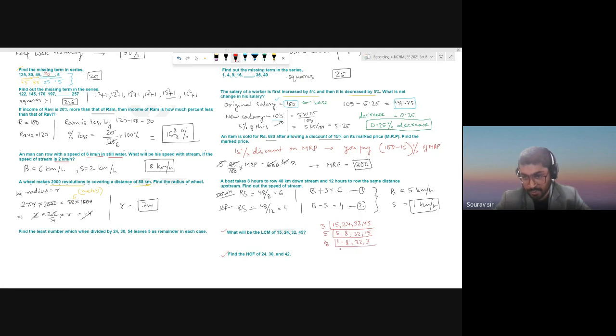You're gonna be left with 1, 1, 4, 3. Now these are all co-prime, right? You cannot divide them further. So your LCM would be 3 into 5 into 8 into 1 into 1 into 4 into 3. So 5 8s are 40, 40 and 3 is 120, and 4 times 3 is 12. So this is 1440. That will be the LCM.